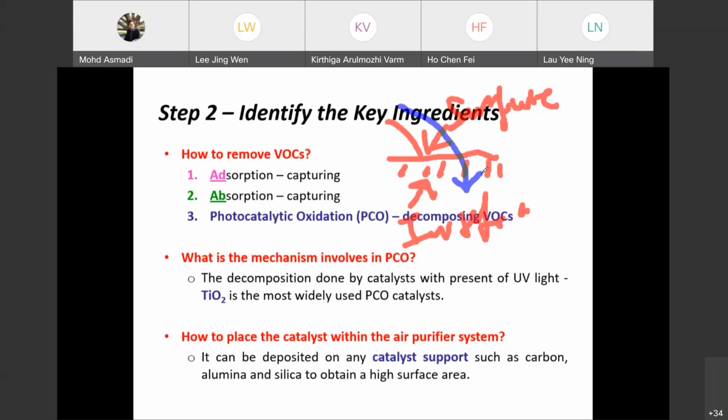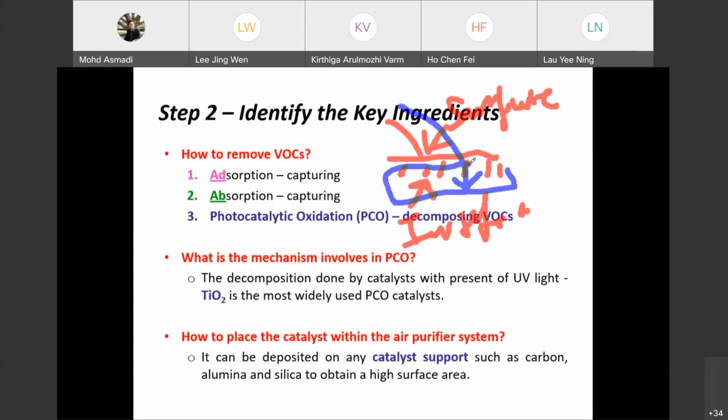Absorption should go inside the interface; particles soak into the bulk of the other phase. Then we capture and just store, without decomposing the VOC. Which method do you think you have to consider for your device?